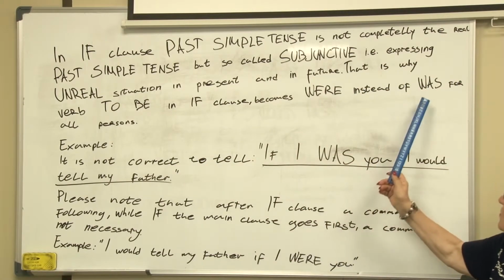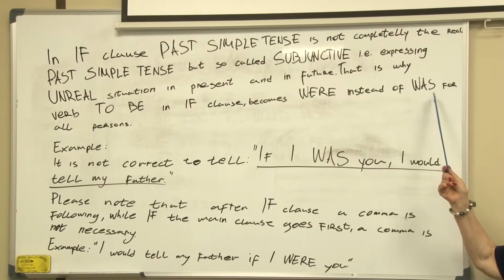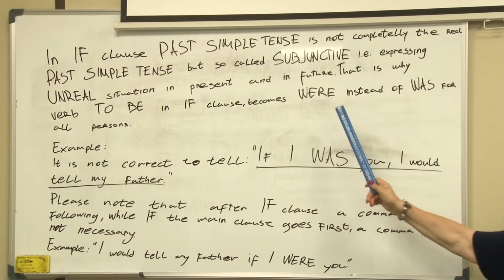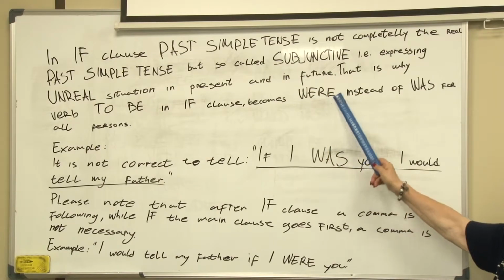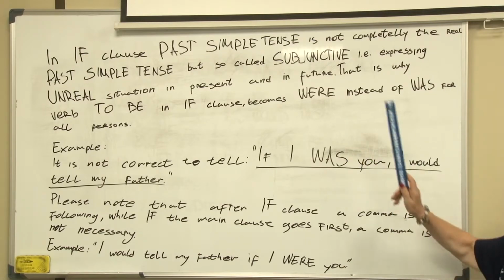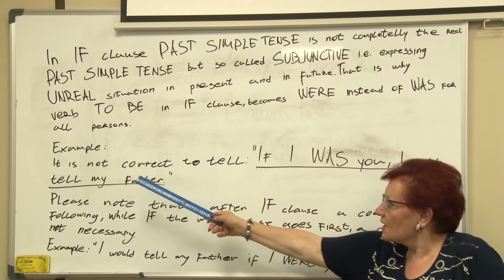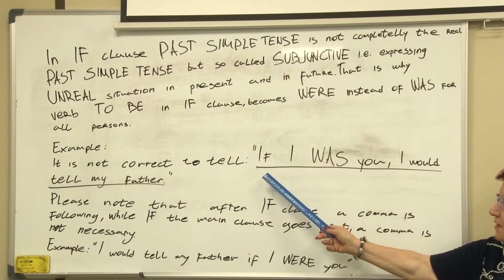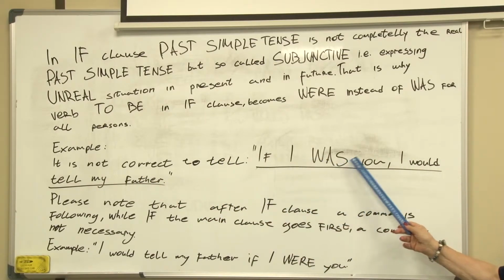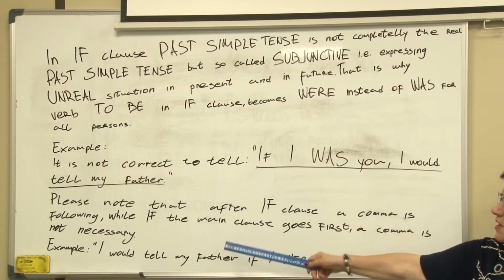So was will be used in the normal past simple tense for some of the persons, but in this case, for all persons, including I, it is were instead of was. So we have the example: it is not correct to say, if I was you, I would tell my father.